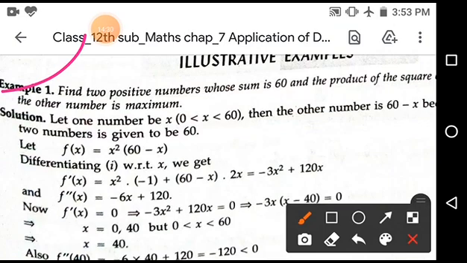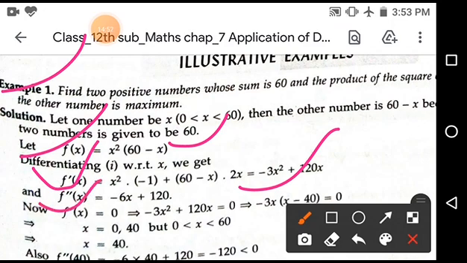So here it is given that the sum of two numbers is 60, that means if we consider one number as x, then the second number will be 60 minus x. Now the product of the square of the first number and the second number is maximum, that means the function will be x square into bracket 60 minus x. Now differentiate it, we get minus 3x square plus 120x.